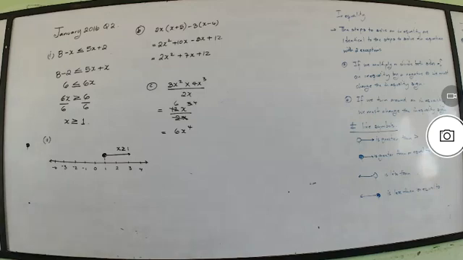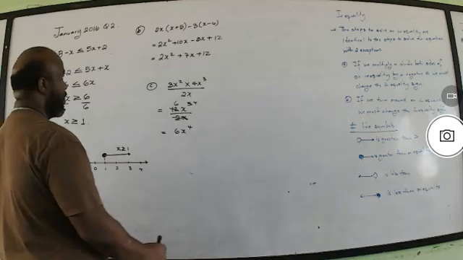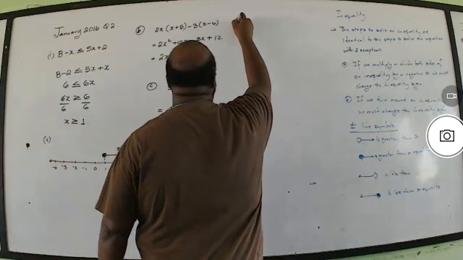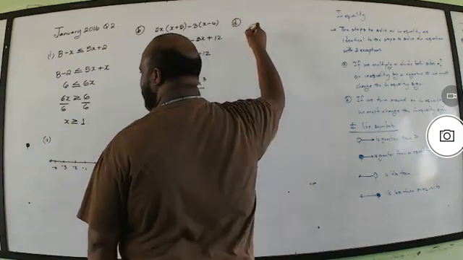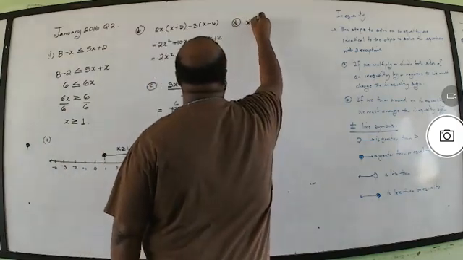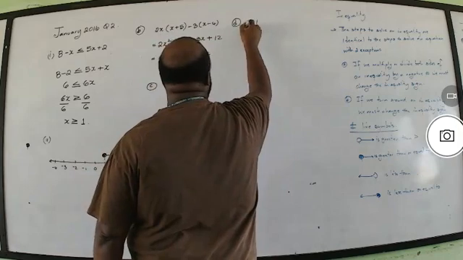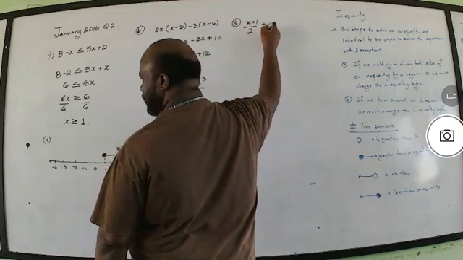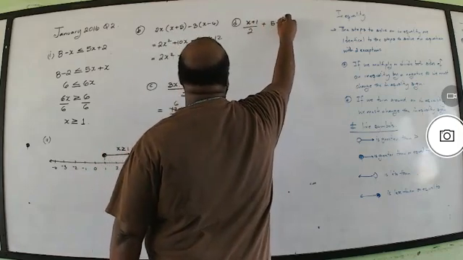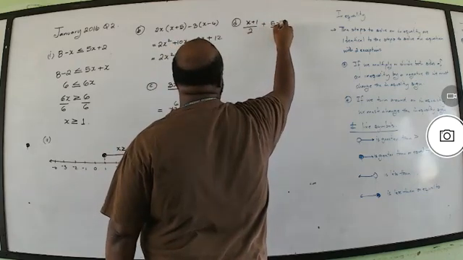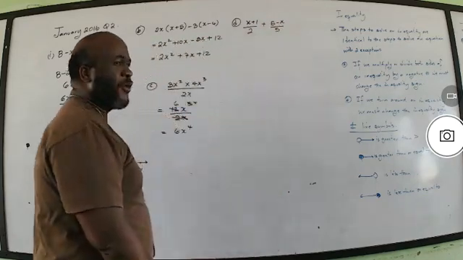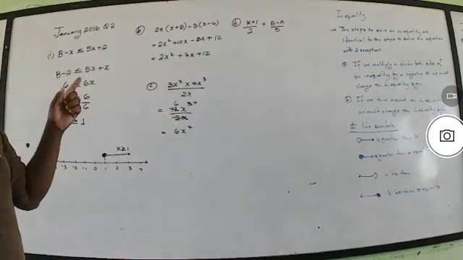Lastly, sorry, D. D says write as a single fraction: x plus 1 over 2 plus 5 minus x over 5. This is the third question we're doing, and it's the third time we're doing that.